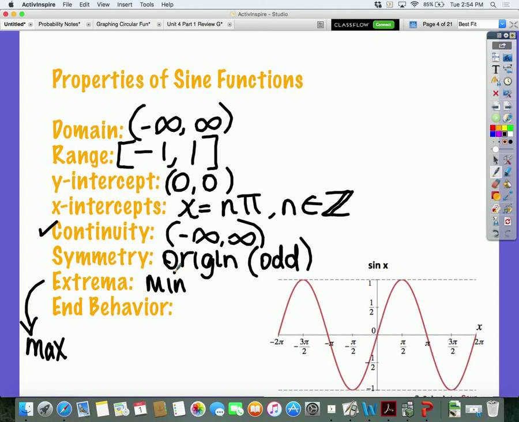It's not pi over 2. It's 2 pi. So your maxes are going to occur every 2 pi, starting at pi over 2. So you would represent that. You would have a max at pi over 2 plus 2n pi. Every 2 pi, and then add pi over 2, you will have a max.